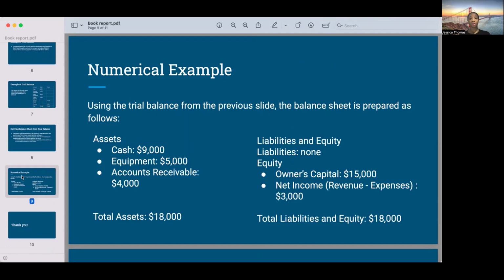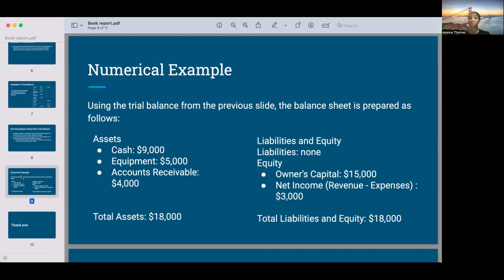A good example here, using the trial balance from the previous slide. For our assets, cash will have 9,000, and then the equipment that we have gotten, 5,000, and then the revenue we've made, 4,000. So our total assets for that specific period of time would be $18,000. And then liability and equity, using the table from before, there was no liability.